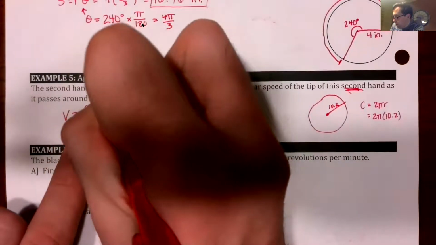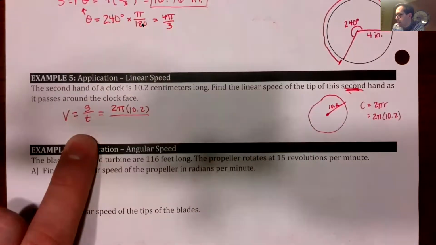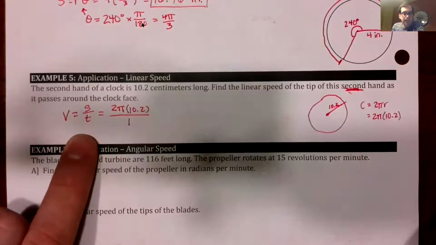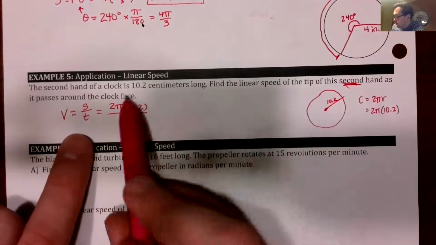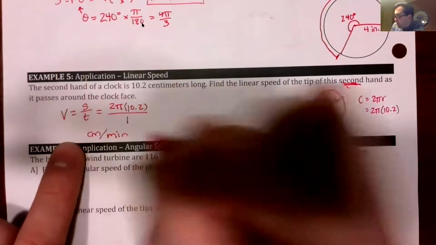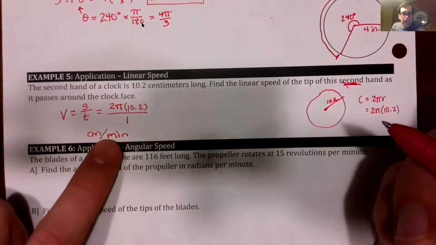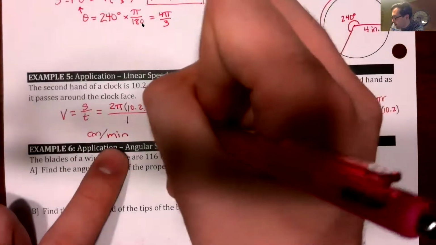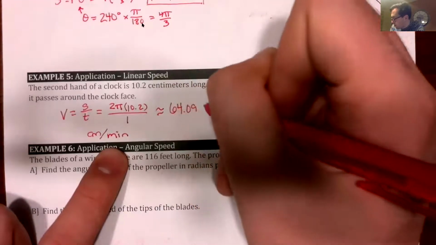So we have an arc length of 2 pi times 10.2, and it does that in 1 minute. So we're going to plug in 1 for T. All right, so in our question, we were using centimeters, and for T, we're using minutes. So we're going to be figuring out how many centimeters this dude travels in 1 minute, and that's technically a speed. So if we calculate that out, it is approximately 64.09 centimeters per minute.